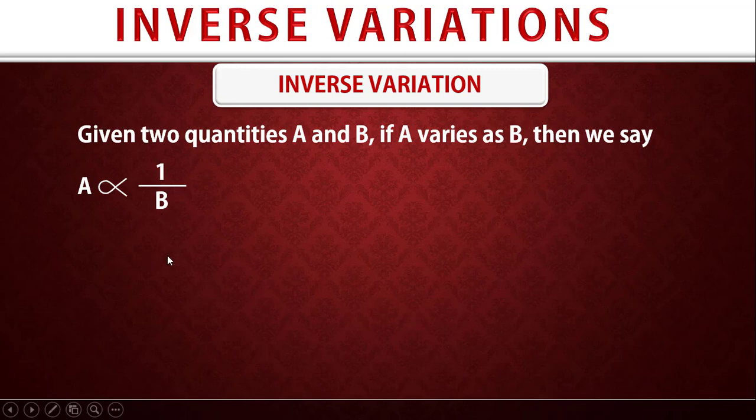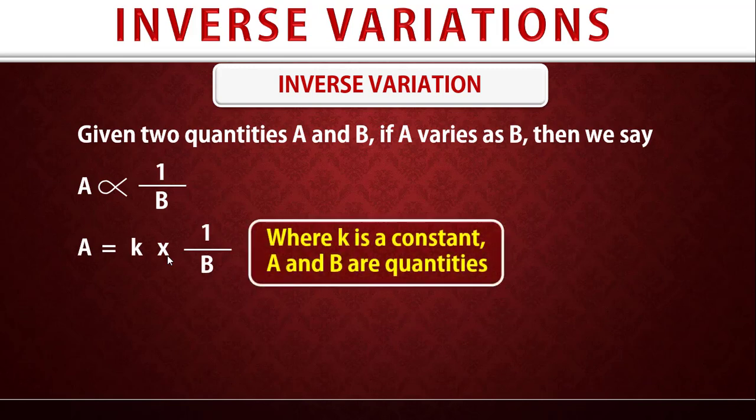And then we can rewrite this as A equals K times 1 over B, where K is a constant and A and B are quantities. If you look at this right now, K times 1 gives us K at the numerator over B, and then we have A equals K over B.